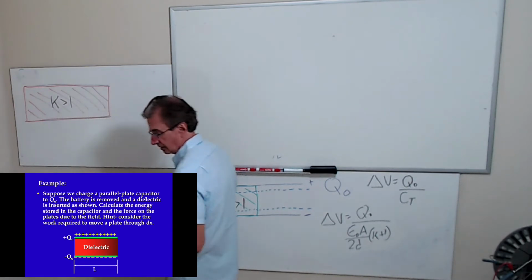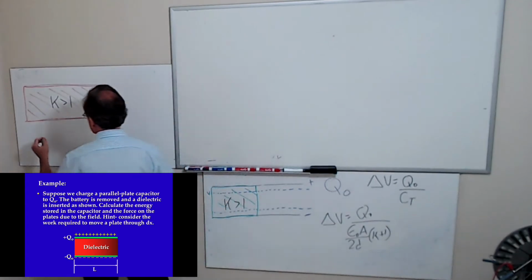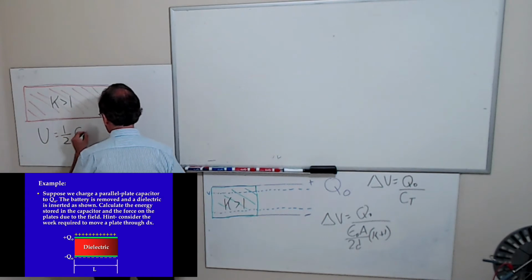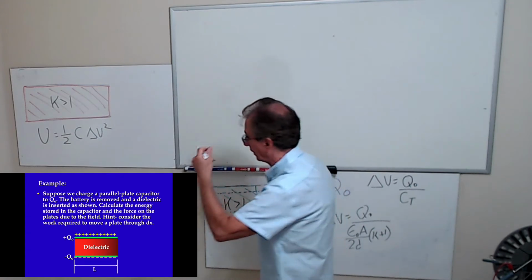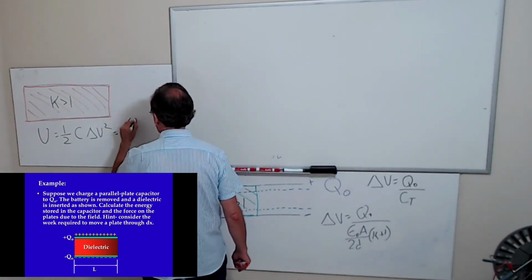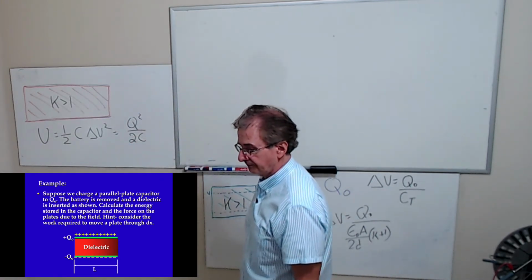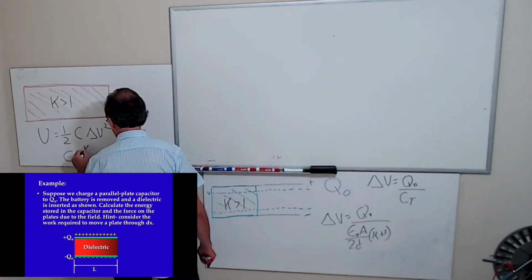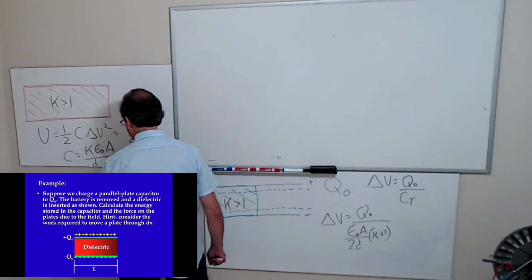Obviously, my total energy stored is U equals 1/2 C delta V squared, right? I can write it like that, or Q squared over 2C. Where C, your capacitance, in this particular case, is going to be kappa epsilon naught A over D.